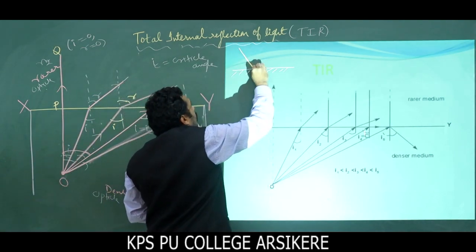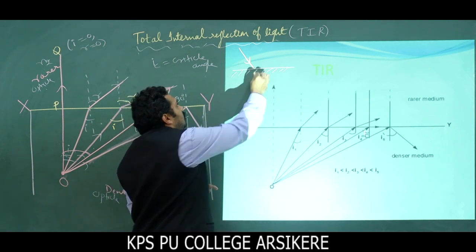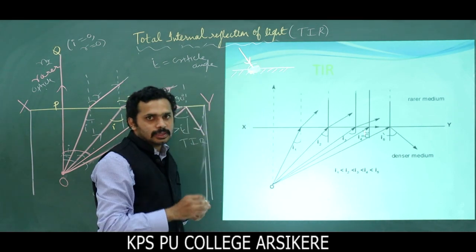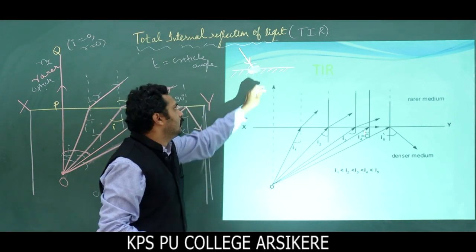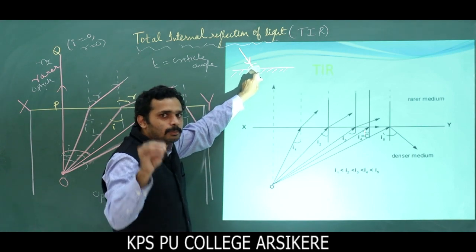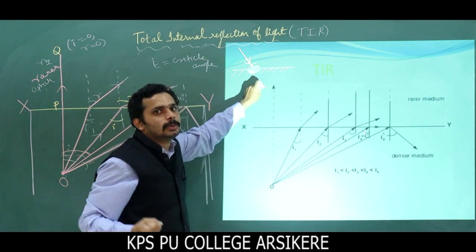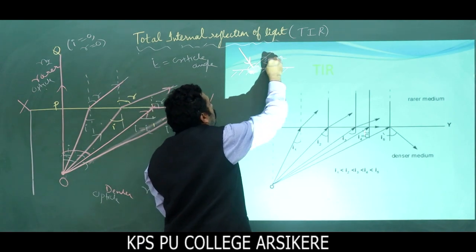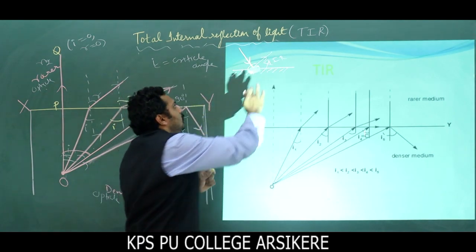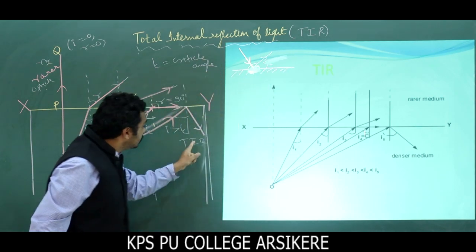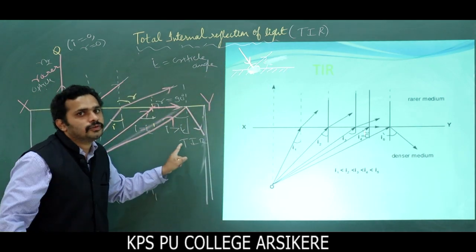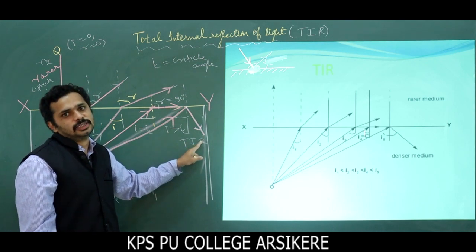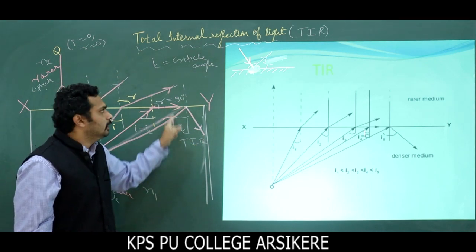If we take the ray of light, the mirror itself absorbs some part of the light, because the mirror is made up of glass. The glass itself absorbs the light. So total reflection is not possible. Reflection ಆಗುತ್ತೆ but not TIR. But this is TIR. No waste of energy, no loss of energy. So you got it? This is TIR.